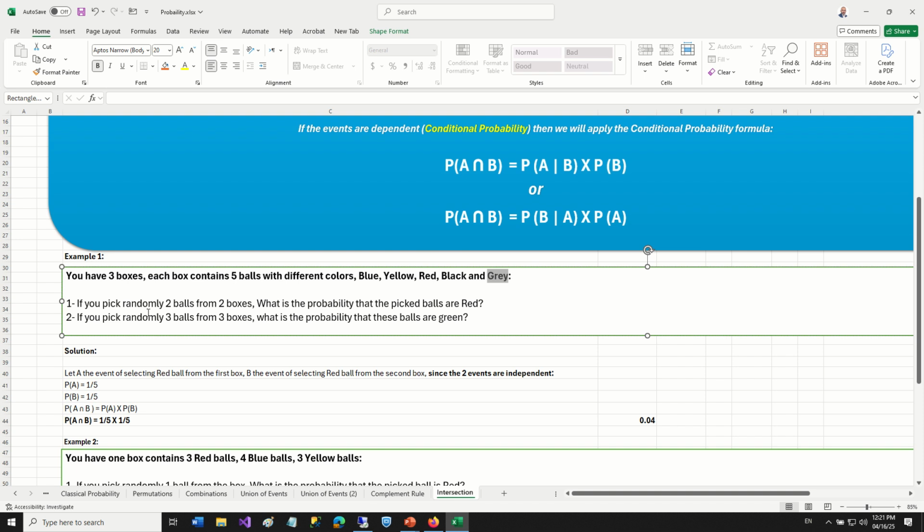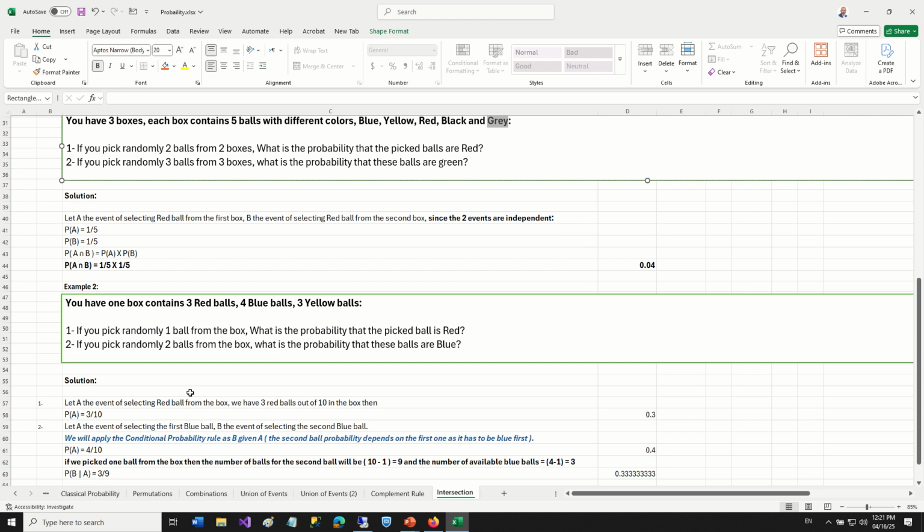If you pick randomly 2 balls from 2 boxes, so now imagine that you open 2 boxes and you simply pick a ball randomly from here and from here, what is the probability that the picked balls are red? And number 2, if you pick randomly 3 balls from 3 boxes, what is the probability that these balls are green? So look at the solution.